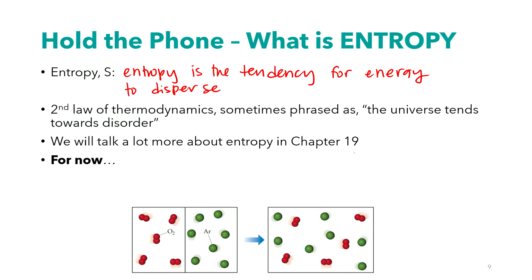What you might be more familiar with than that is that the second law of thermodynamics is also often referenced in pop culture as the universe tends towards disorder, right? And so when I move that partition, those two sets of molecules are not going to stay, well, one is a molecule, one is an atom, but they're not going to stay separated. They are going to take up all the space, and they're going to become more disordered, all right?